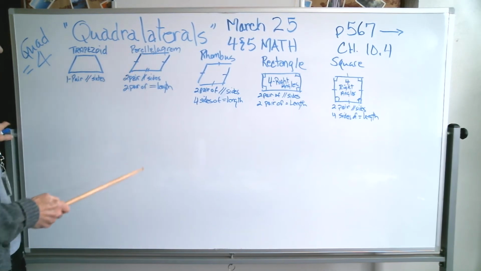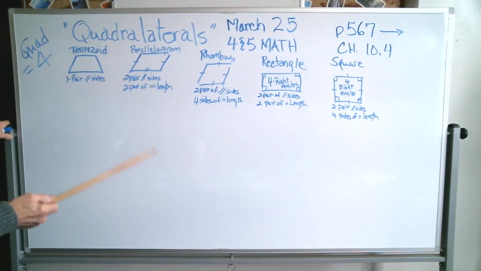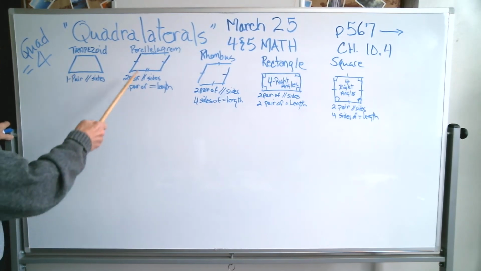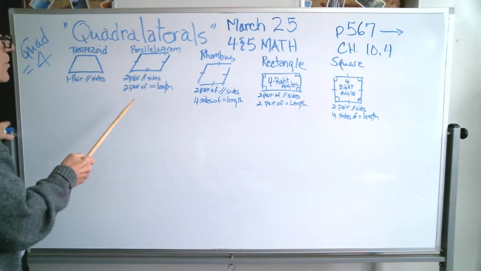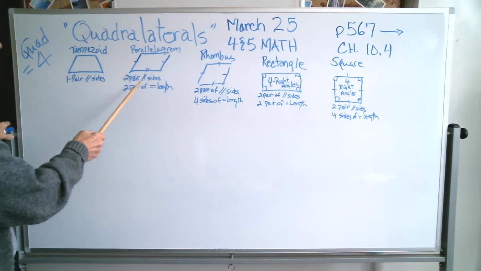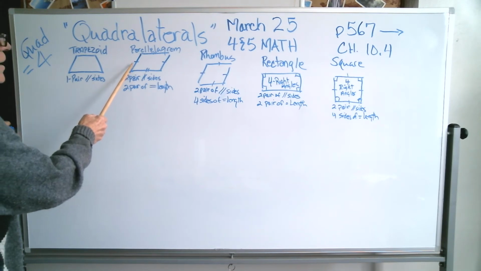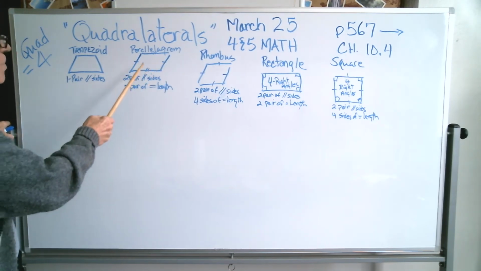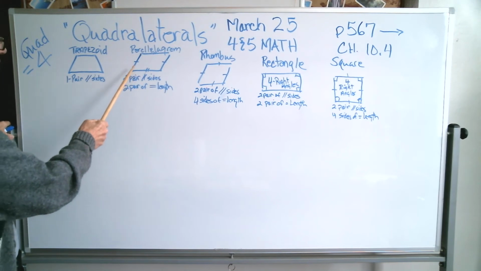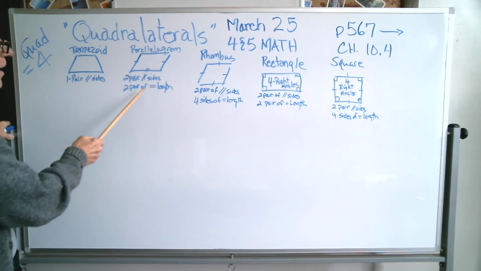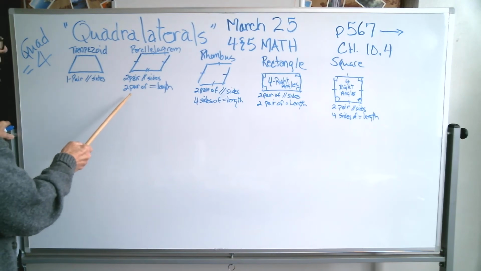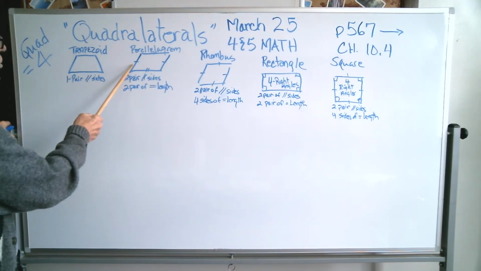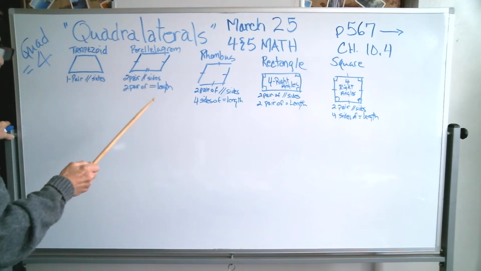Now, a parallelogram. There's another term that makes up a quadrilateral. It has four sides, four laterals, but the difference is it has two pairs of sides that are parallel. This side is parallel to this side. This side is parallel to that side. And it has two pairs of equal length.